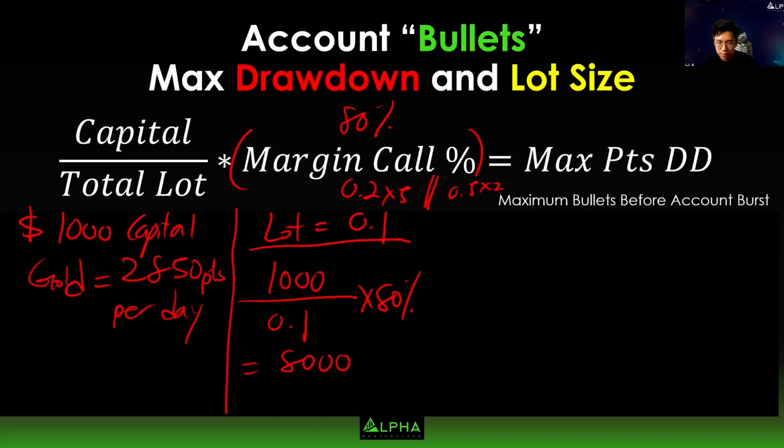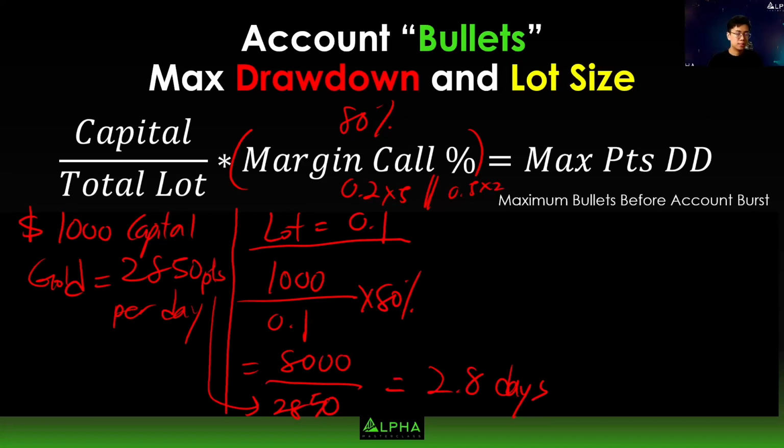And with that 8,000 points, divide by 2850, equal to how much? Calculator, please. 8,000 divided by 2850 is about 2.8 days.